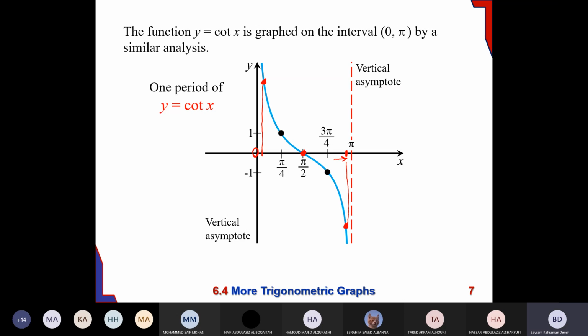All right. In my calculator, we don't have cotangent directly. I will take the tangent first and then flip it. Let me find the tangent of this number, okay, and then let me flip it. Oh my God, it is 10,000.